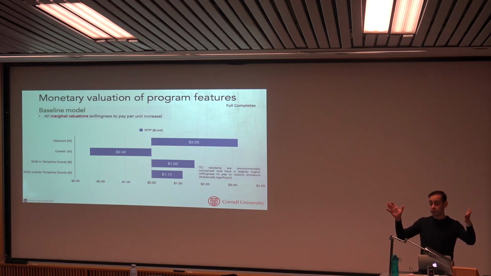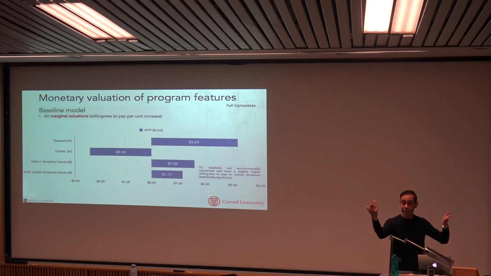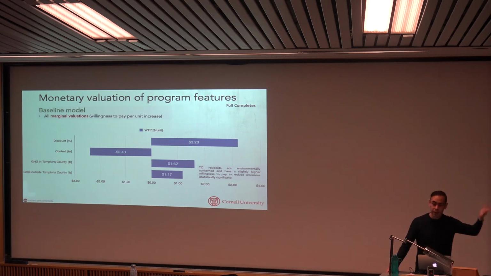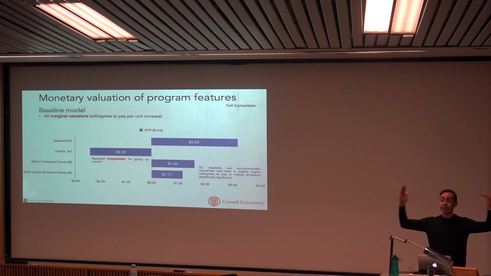They don't like that notion, even though they see the benefit from the savings in terms of emissions and the incentive in terms of dollars, the discount. They want a rebate for allowing the utility to delay charging. That rebate that they want per hour is $2.40 on average. So they expect compensation for joining the program in terms of that time frame that they are yielding control of when charging takes place.